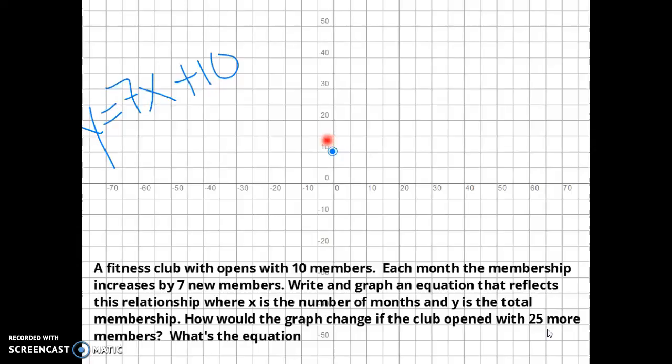Started at 10, I'm increasing by 7. That's approximately 7, and then over 1. How do I know I'm going to move right 1? The 7 is positive, so I go up. And then the 1 is positive, so I go right. So up 7, right 1. Up 7, right 1.